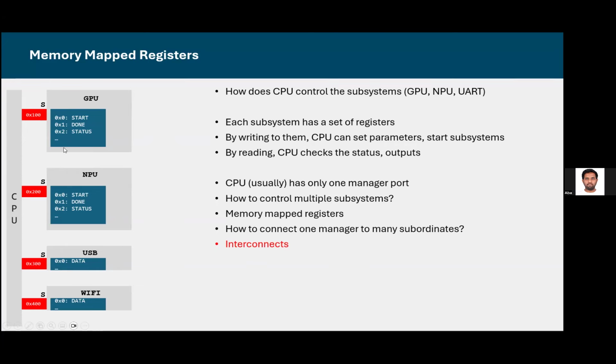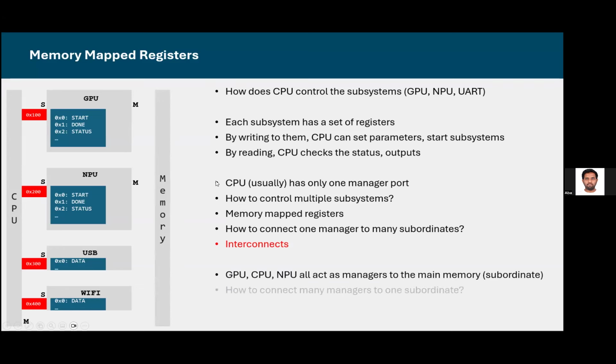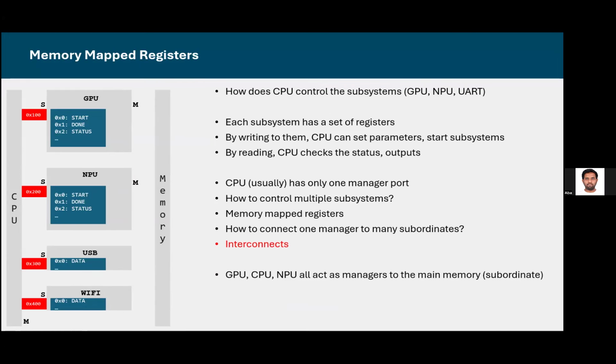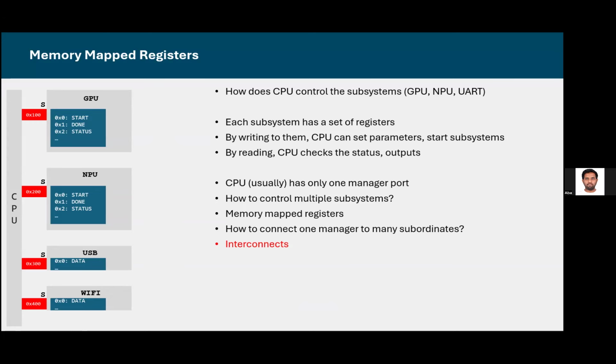So what an interconnect does, let me see if I have a diagram for that. Yeah, over here. One of the jobs of the interconnect is to map all these status registers into this one space. If the CPU wants to talk to the NPU, it will write to, say, 201, or else read from 201 to see if the NPU is done.